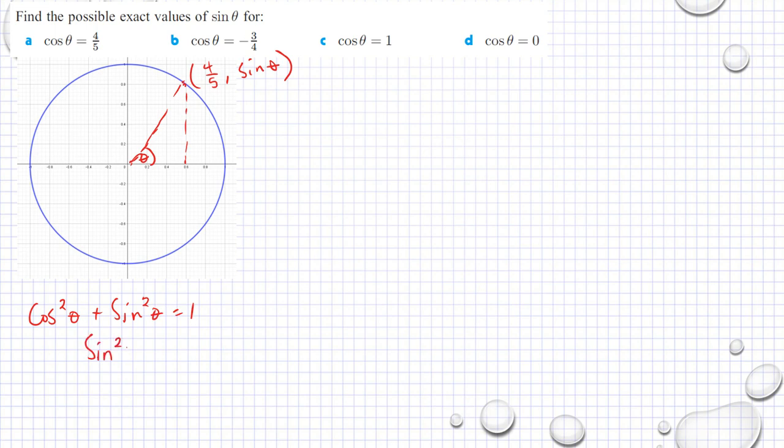Then we have sine squared theta is equal to 1 minus, if we subtract both sides of the equation by cosine squared theta, cosine squared theta. And then if we want to find now sine theta, it is equal to the square root of 1 minus, what is cosine theta? That is 4/5 squared.